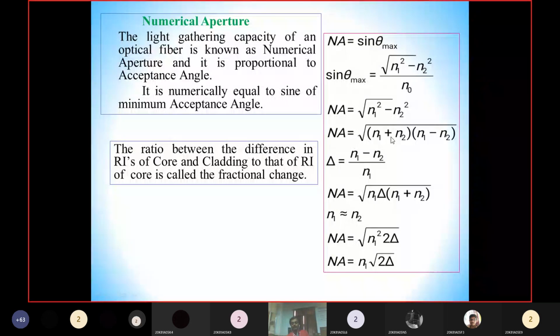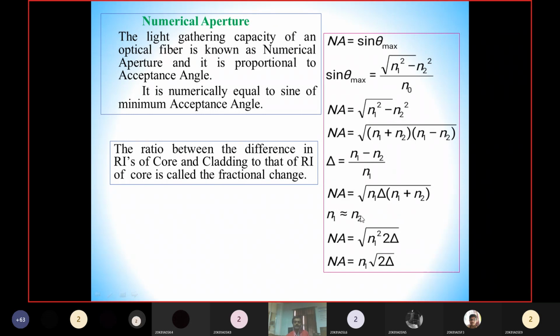So we multiply and divide by n1, and n1 minus n2 by n1 is delta. Again multiplying with n1, we get n1 into delta into n1 plus n2. This is the numerical aperture.